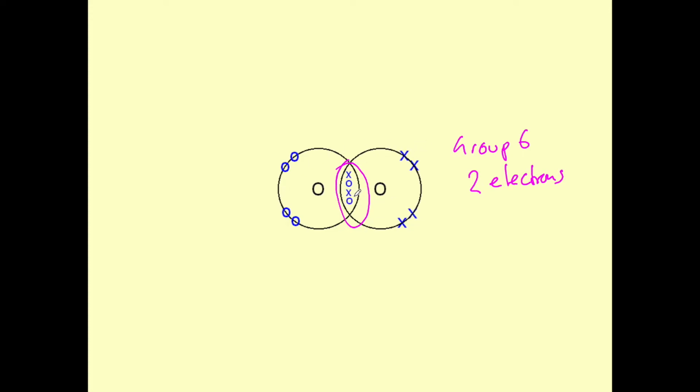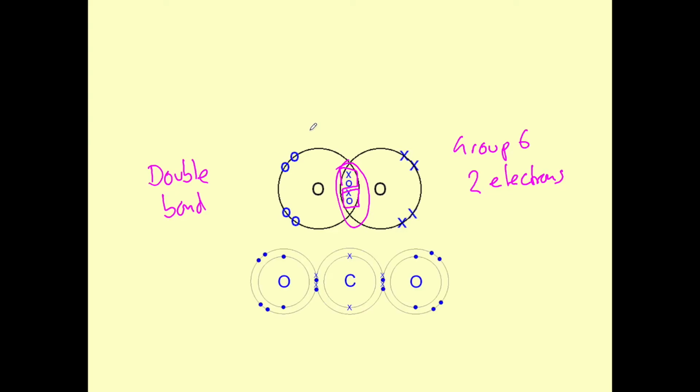So each oxygen atom has shared 2 electrons, meaning there are 4 electrons in total that are used in this covalent bond. And so this is actually a double bond, where one bond is one pair and the second bond is the other pair. And we also see double bonds with our carbon dioxide.